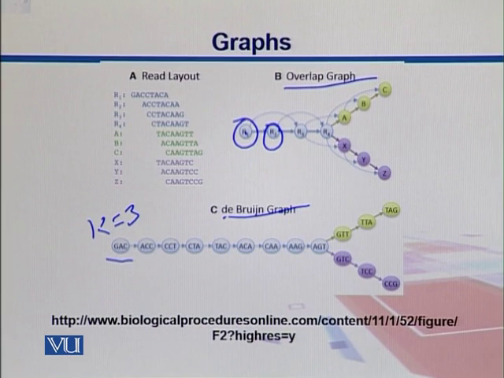From one read we can have many k-mers, and in the end we are comparing each k-mer to every other in the complete data set. So it's really complicated, by the way.